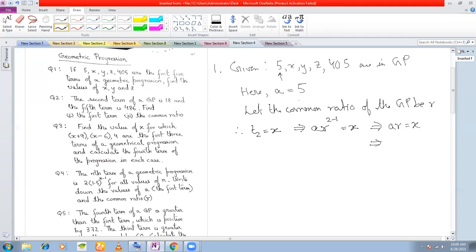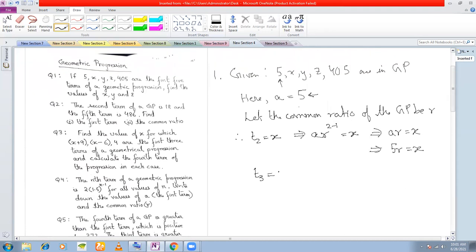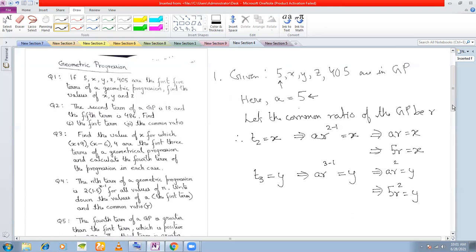What is A here? We have already got A as 5, so 5R must be equal to x. Next, the third term, T3, is y. That means AR to the power of 3 minus 1, the nth term of a GP, equals y. So AR square equals y, and A is 5, so 5R square equals y.